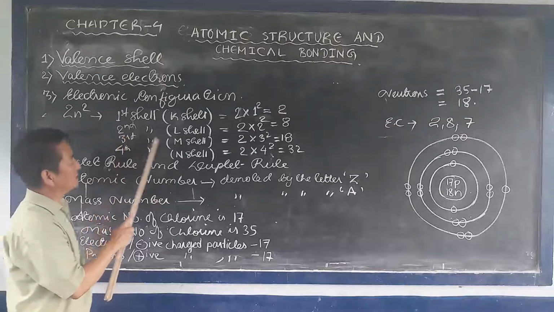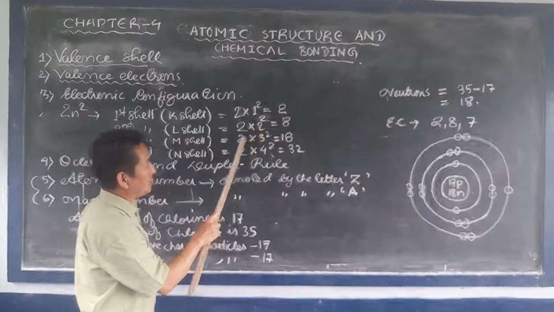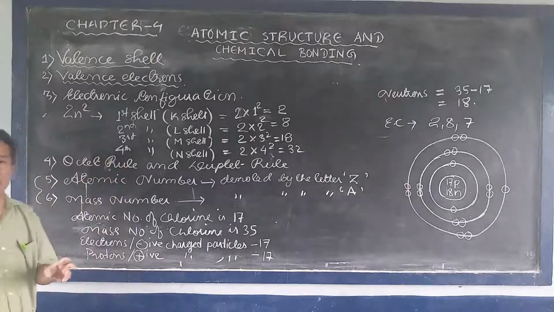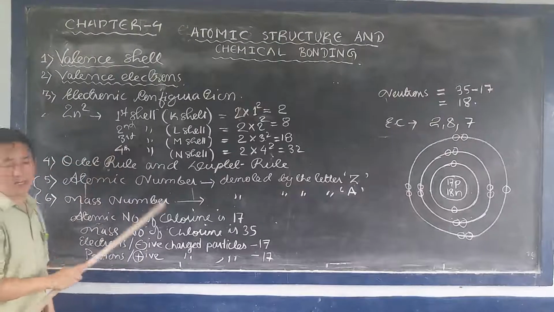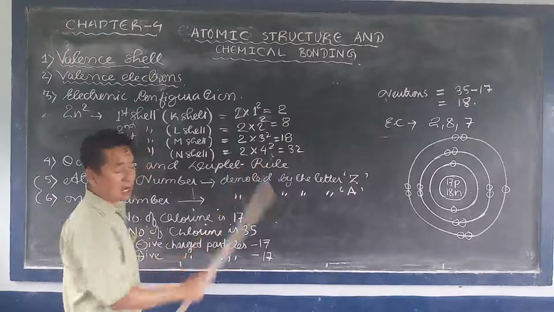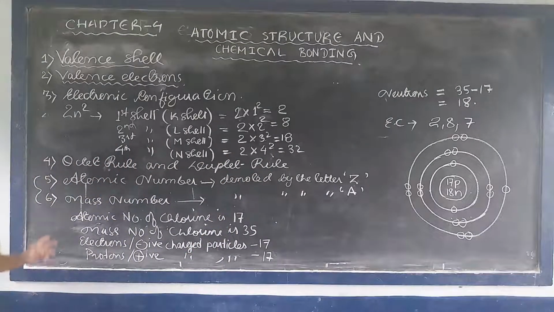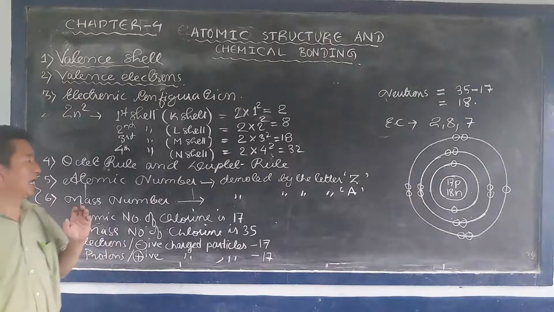Third shell, that is M shell: 3 threes are 9, 9 twos are 18. Third shell accommodates only 18 electrons. Fourth shell, N shell: 4 fours are 16, 16 twos are 32. Fourth shell accommodates only 32 electrons.